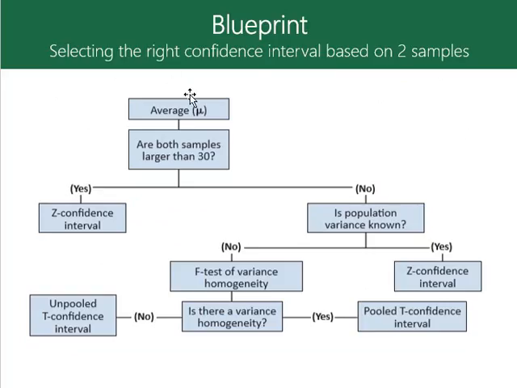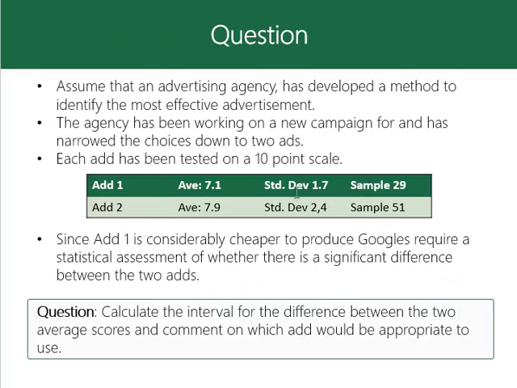We are dealing with an average. The first question is, are both samples larger than 30? In this case, they are not, because one is 29. So we go to the next question: is the population variance known? In this case, no, we don't have a known population variance because it's just based on the samples.